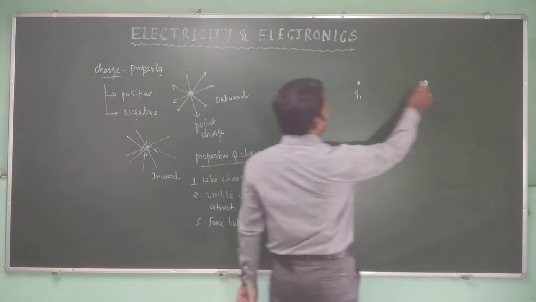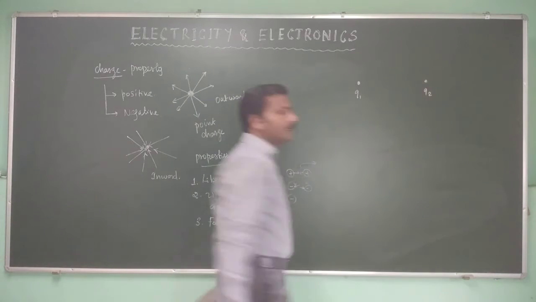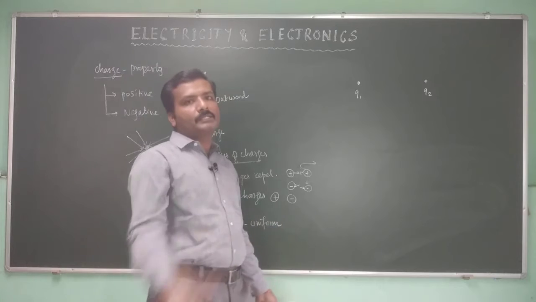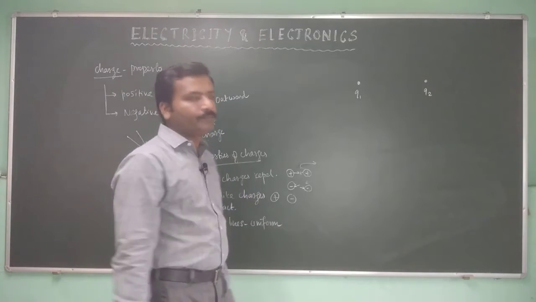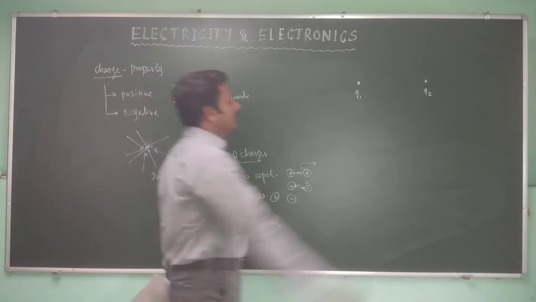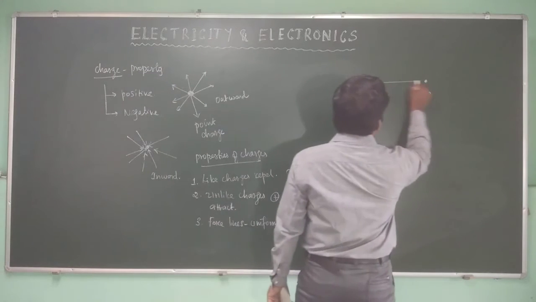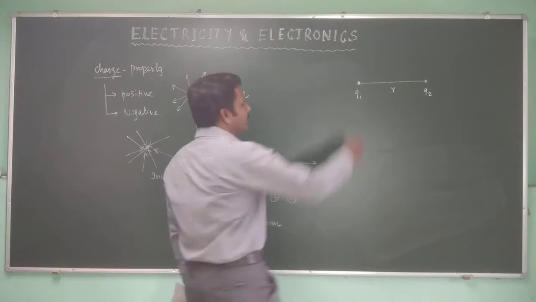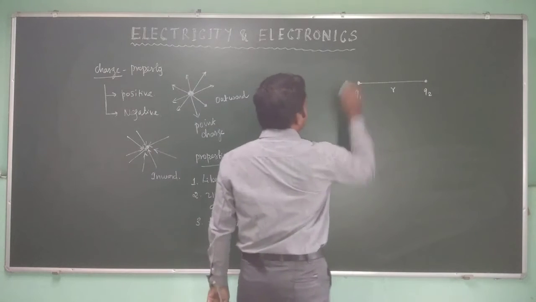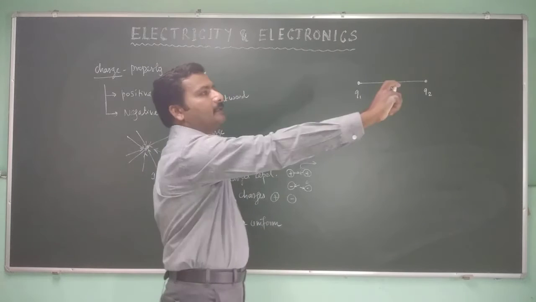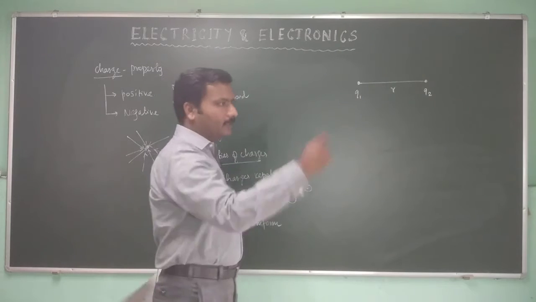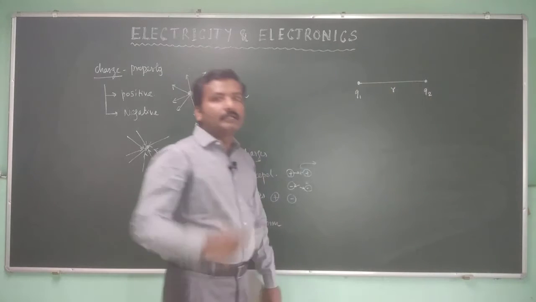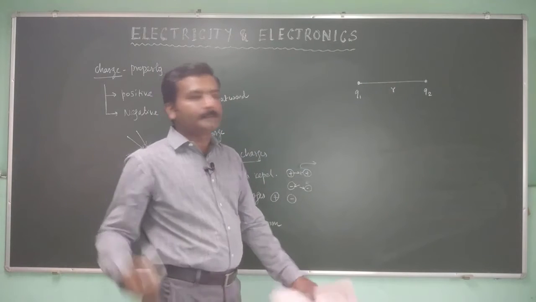Assume that we don't know whether these two are like charges or unlike charges, whether it is positive charge or negative charge, or one positive, one negative, that we don't know, right? And the distance between them is r, but it will exert a line of force, either outward or inward. So this will also exert a line of force outward or inward.